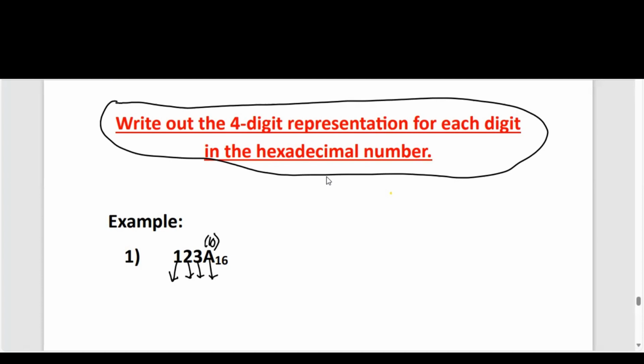We know 1 is 1, and remember it's groups of 4, so pad the other spaces with 0. So 1 will be 0001. That's not padded, that's padded. So we get 4 groups of numbers. You can't write just 1.